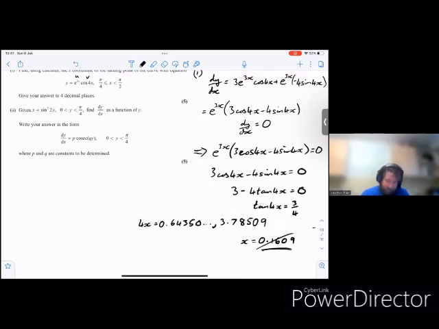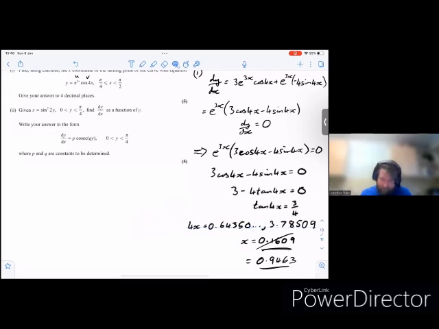So when we divide that by 4, we get 0.9463. And that's in the range of values. Okay. Let's move that answer back in here so that I can work over here. Part 2.